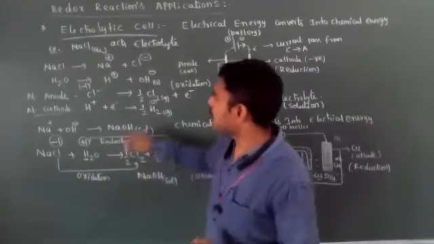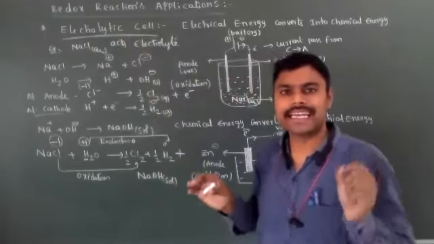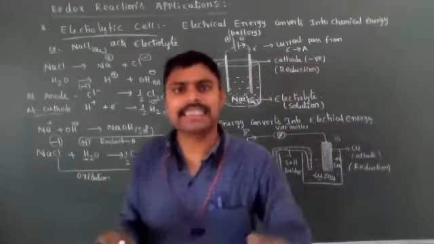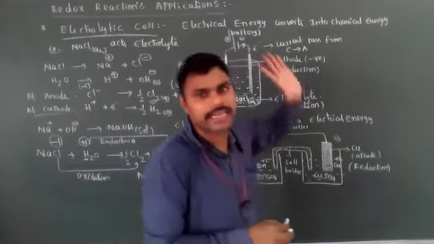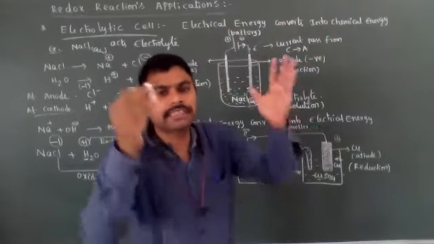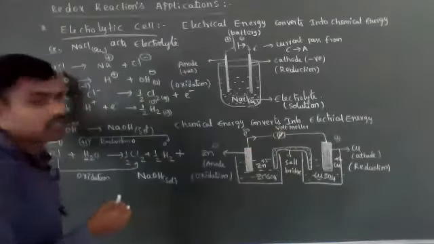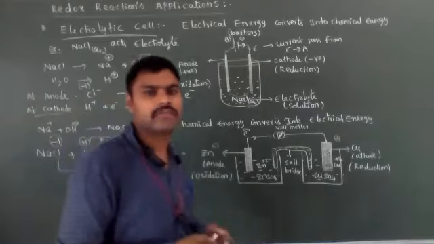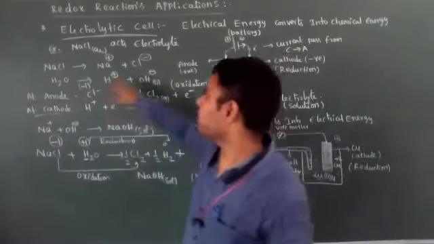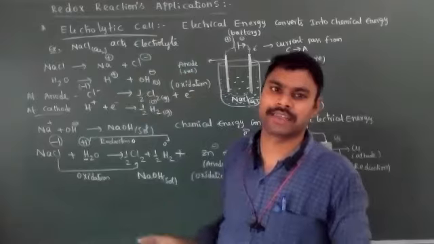This electrolysis reaction takes place in an electrolytic cell. The electrolytic cell is a device used for converting electrical energy into chemical energy. So we are using some electrical energy. That electrical energy is used for the decomposition of aqueous NaCl, which forms Na+ ions, Cl- ions, H+ ions and OH- ions.